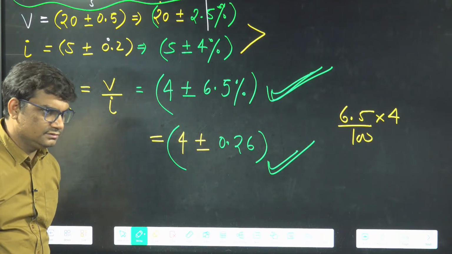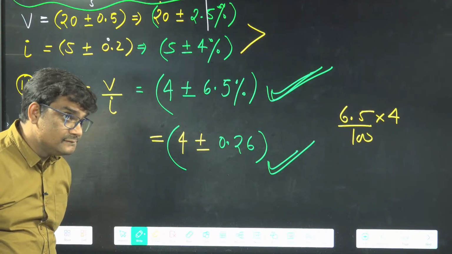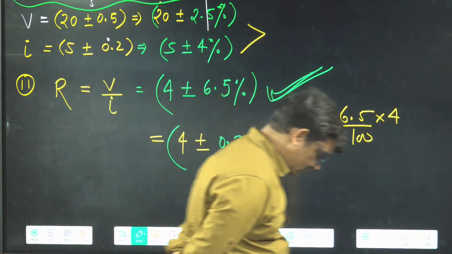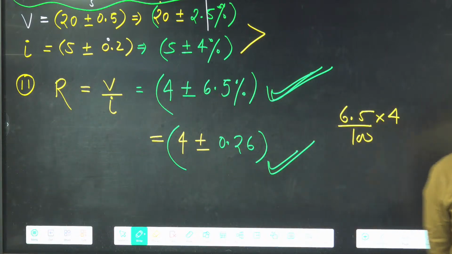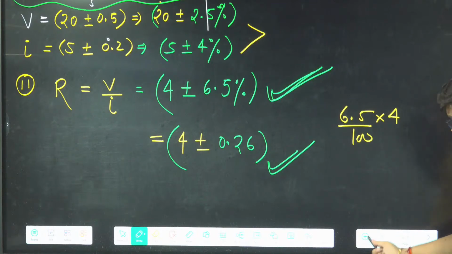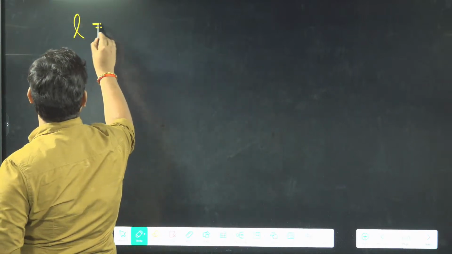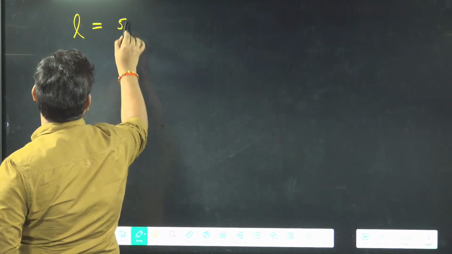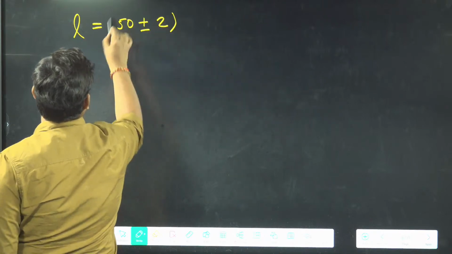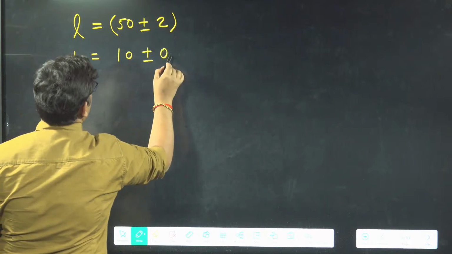Are you ready? Okay. So now we will do some more questions on multiplication. Suppose I say that the length of a plate is 50 plus minus 2, and they have given the width as 10 plus minus 0.2.